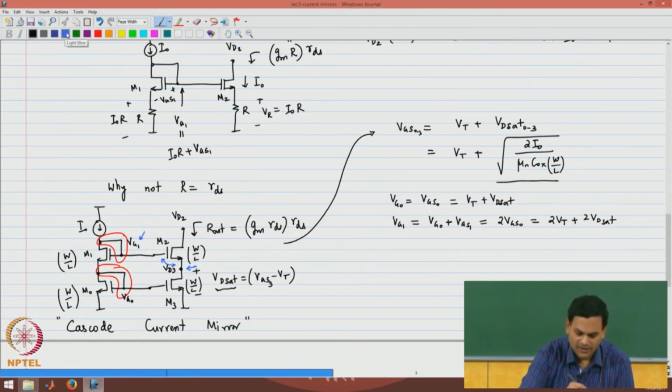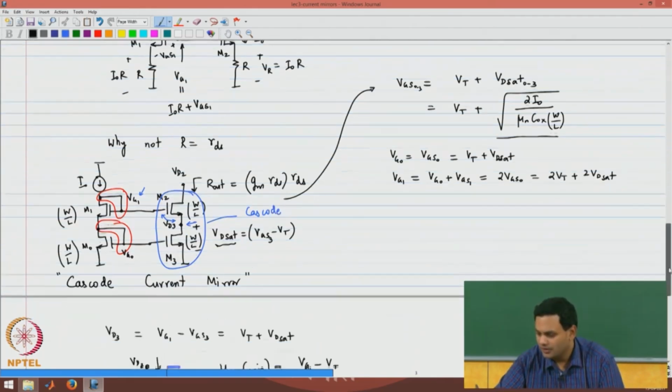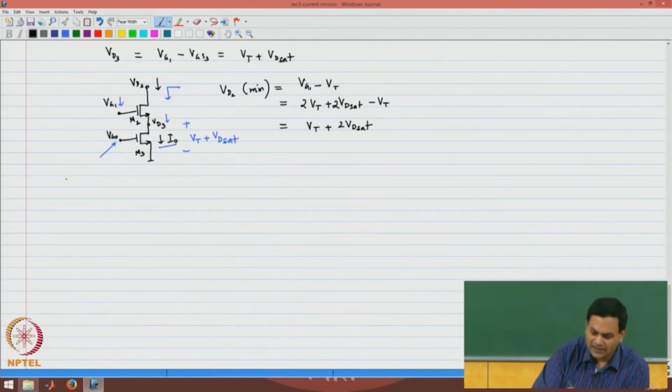The configuration where you have one transistor stacked on top of another is called a cascode, and this circuit is called a cascode current mirror. The next circuit we want to look at is what is called a high swing cascode.